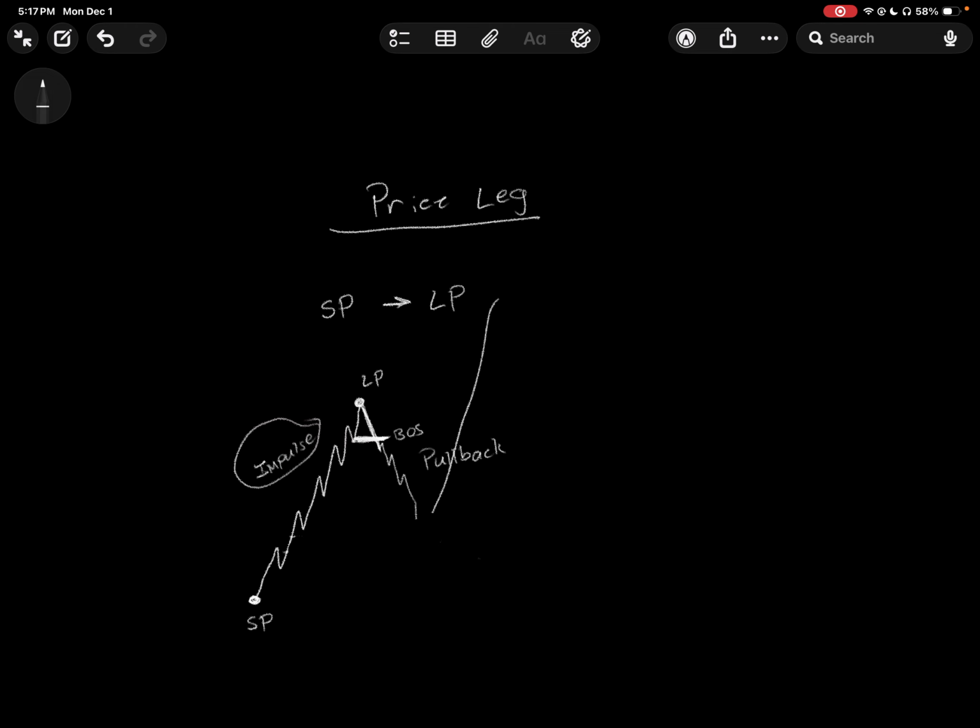One is the solidification of the price leg, and the other one is the break of the other price leg. This one is really an internal break of structure, and this one is an external break of structure. I call them both breaks of structure, but internally this is what's going on in my mind when I'm saying it. So the internal break of structure solidifies the price leg.